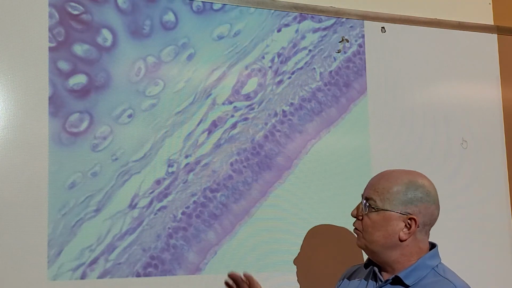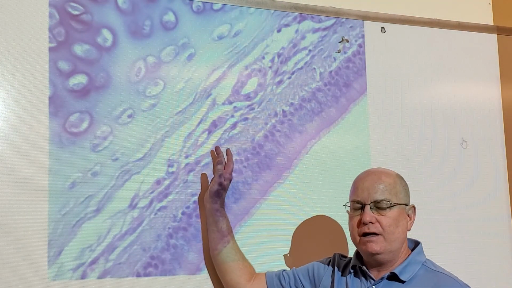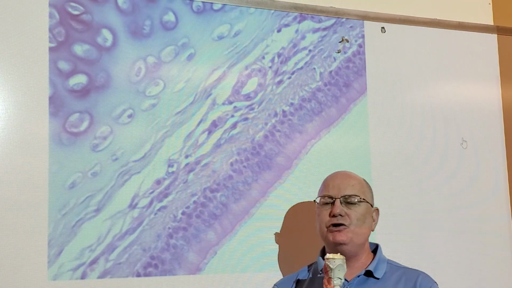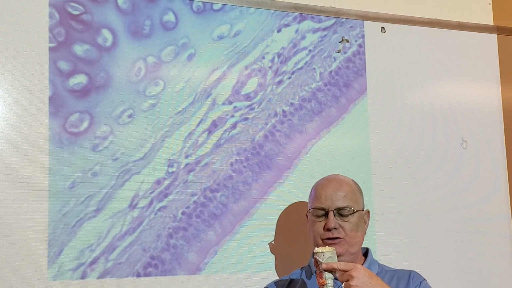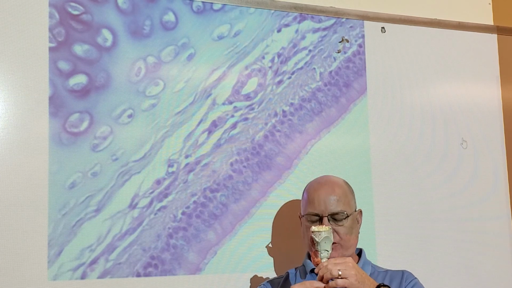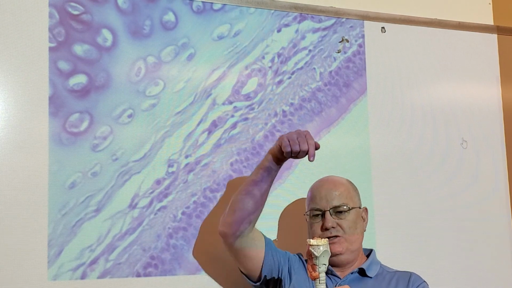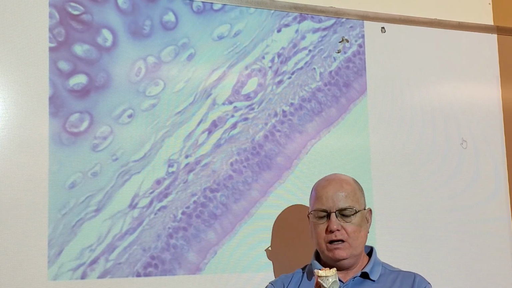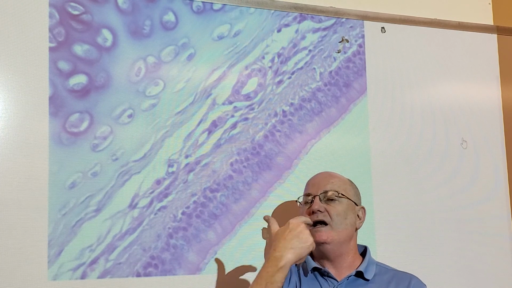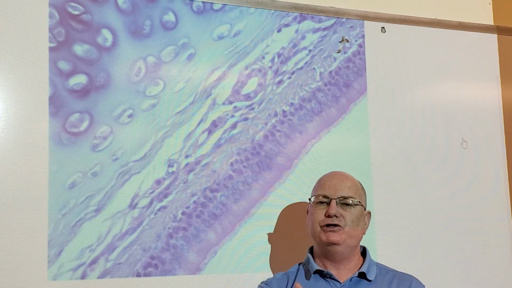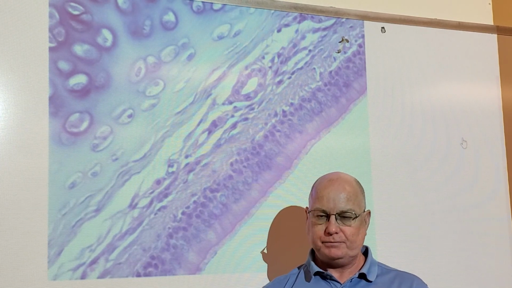Now, in order to get oriented so we know what we're looking at on this slide, I have the trachea model here. And you can see where the larynx and the trachea are, the respiratory tree here. If I were to cut through the trachea and stare down the tube, I would see the epithelium lining the inside, as you know, all the surfaces of the body are lined with epithelium.